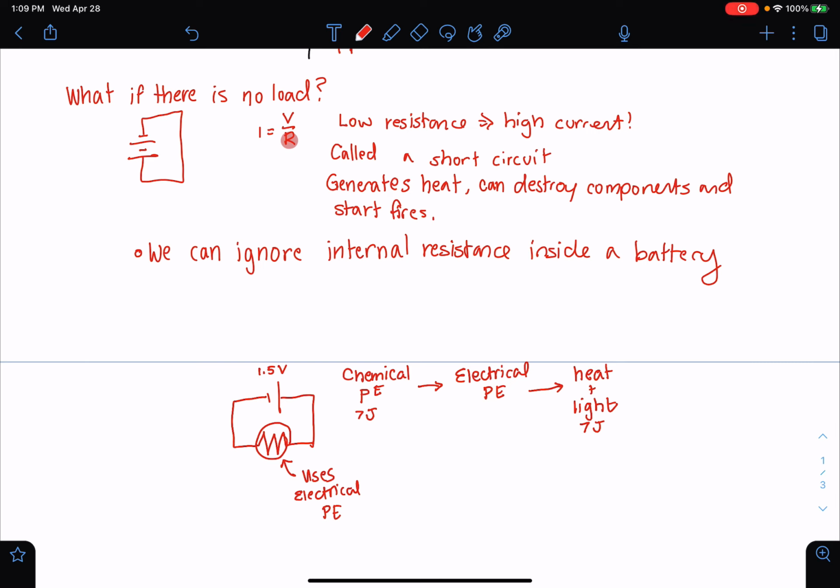Because potential voltage is a measure of potential energy per unit charge, what that means is that my resistor or my bulb is going to have the same voltage across it.